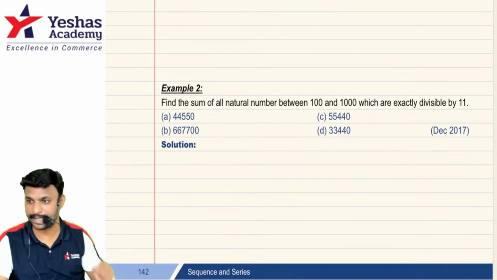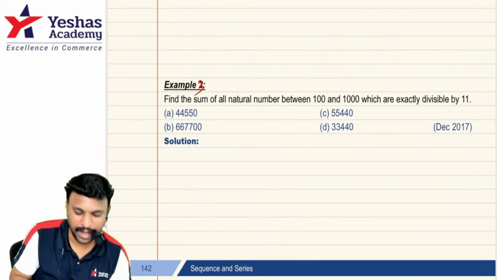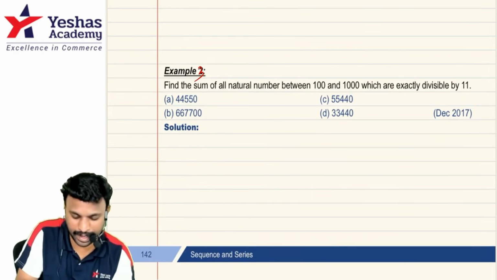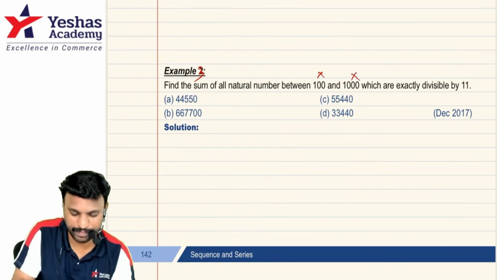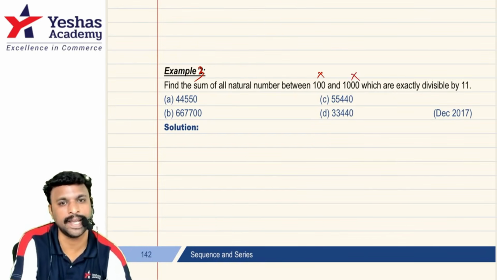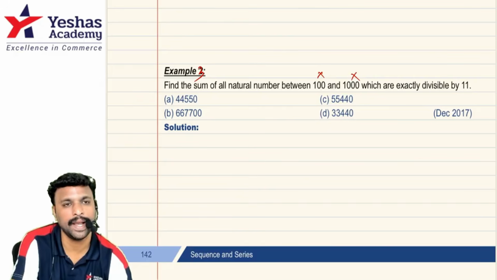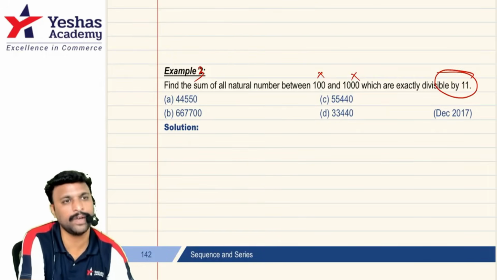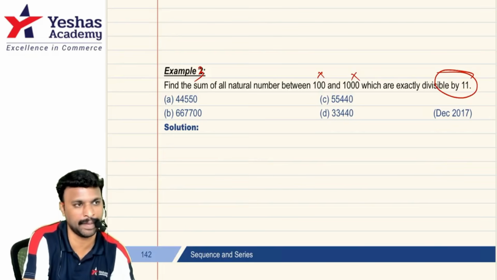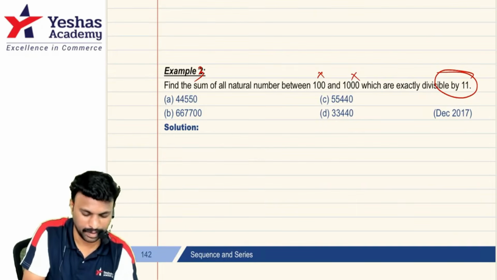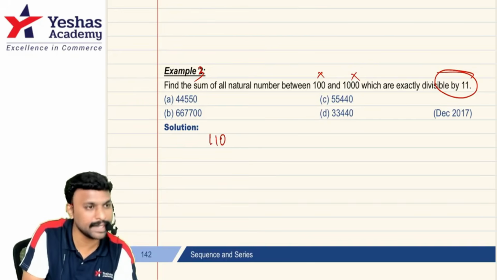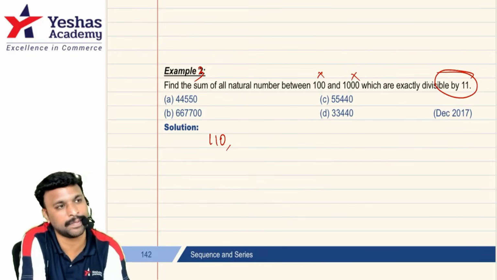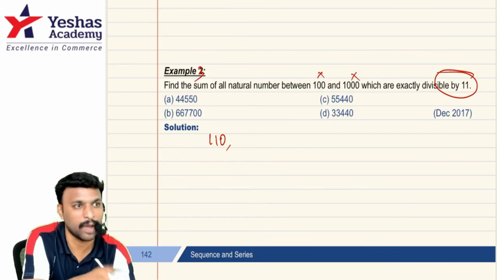Tell me guys, in this example number 3, are the numbers inclusive? Why? Between. Divisible by 11, they have said. After 100, exactly divisible by 11, which number? 110 is the first number exactly divisible by 11 after 100.